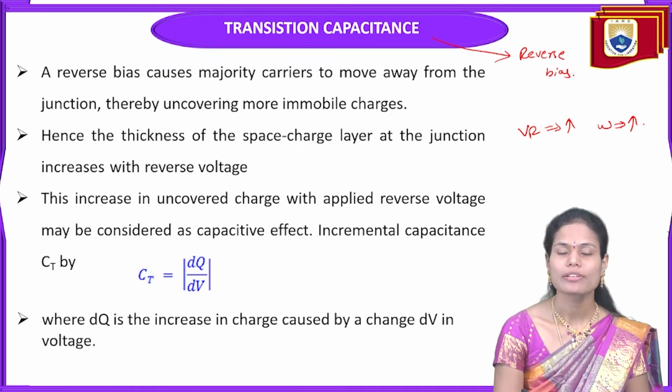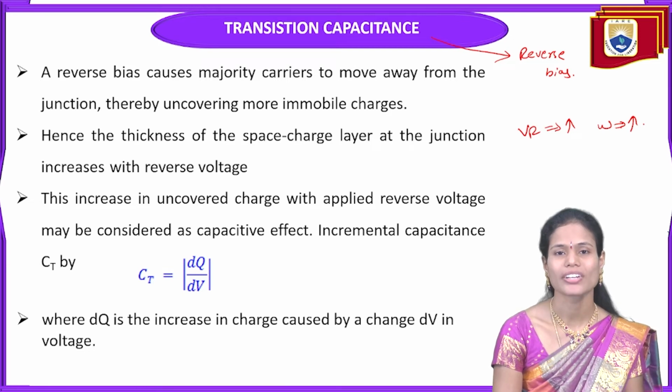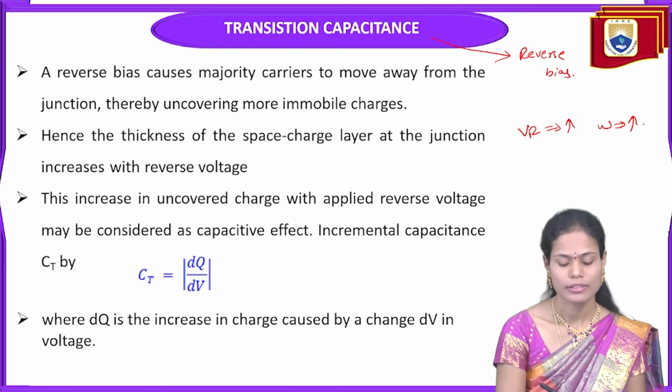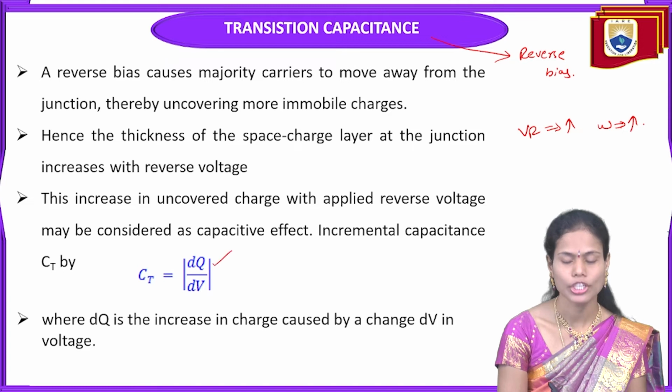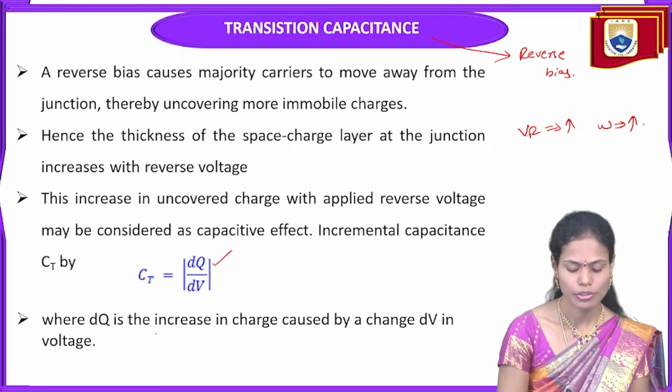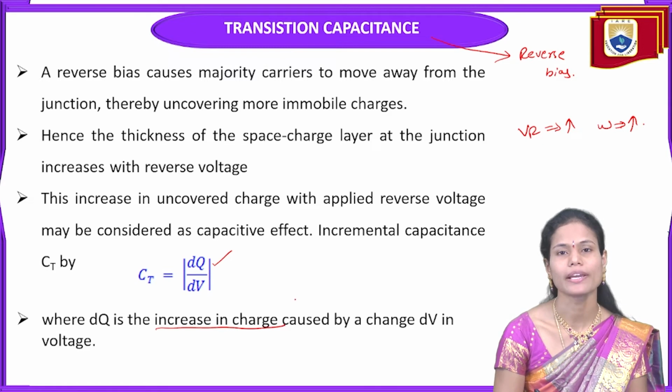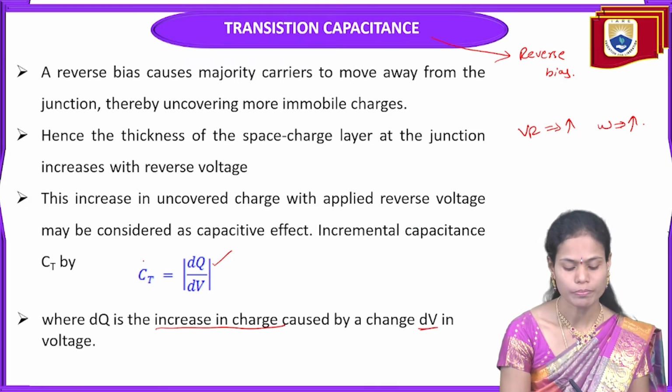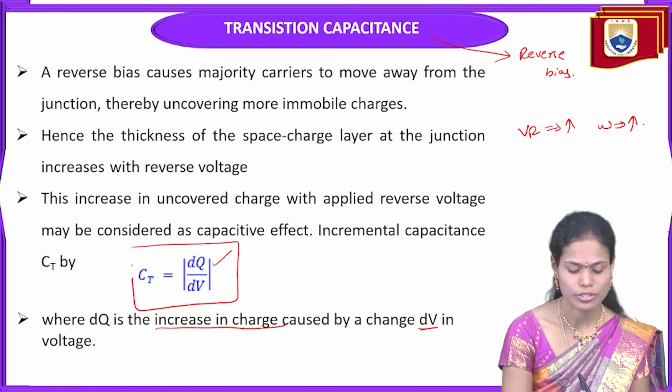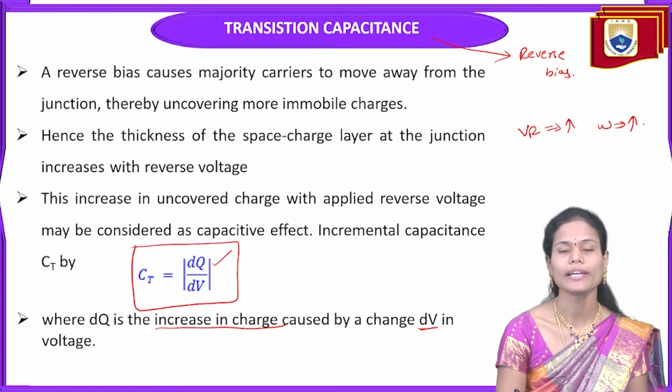That capacitance I am calling the transition capacitance CT, which I am writing here as dQ by dV, the variation of the charge due to the variation of the applied voltage in the device. Where dQ is the increase in charge caused by the change in voltage in the device. So the transition capacitance we can write as dQ by dV here.